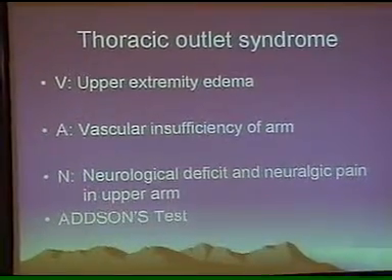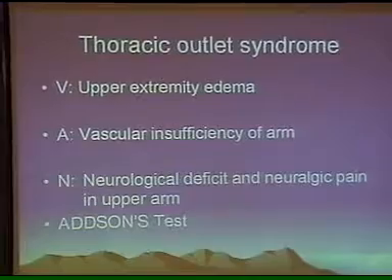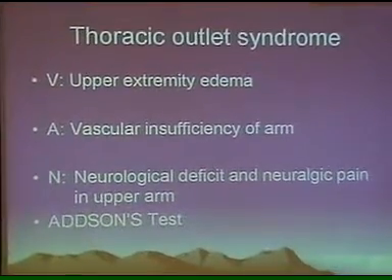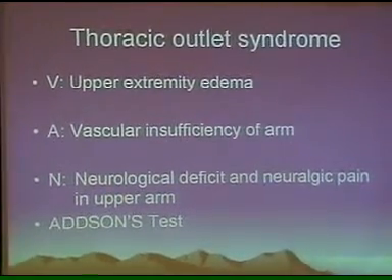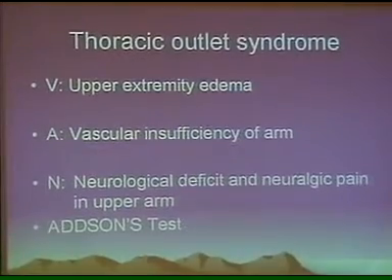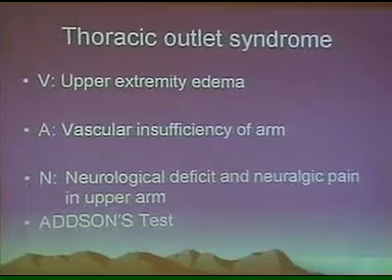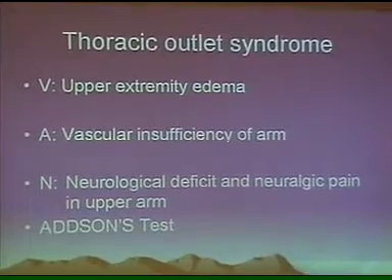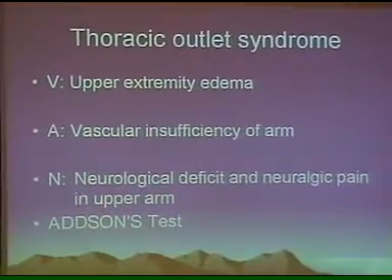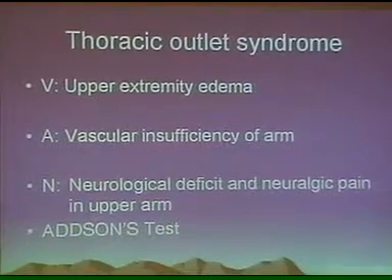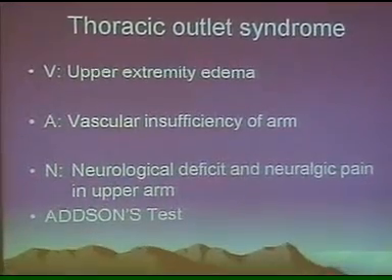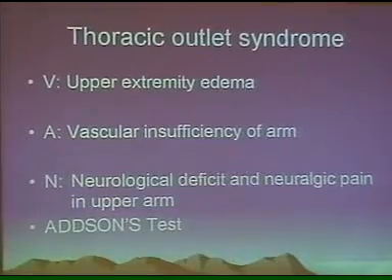In thoracic outlet syndrome, the patient can present with vascular insufficiency, or with edema of the arm, and with tingling and numbness in the C8 and T1 area, because that is the maximum compression which this cord encounters.